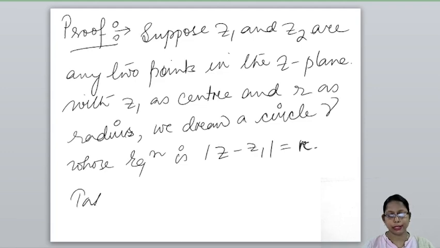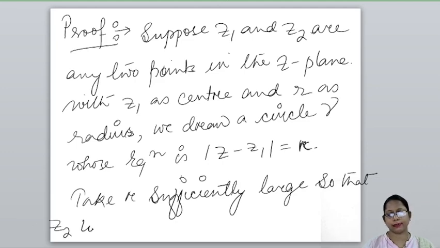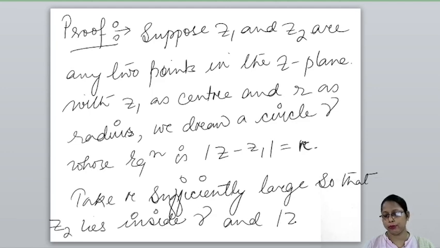Take r sufficiently large so that z2 lies inside gamma and |z1 - z2| is less than r/2.